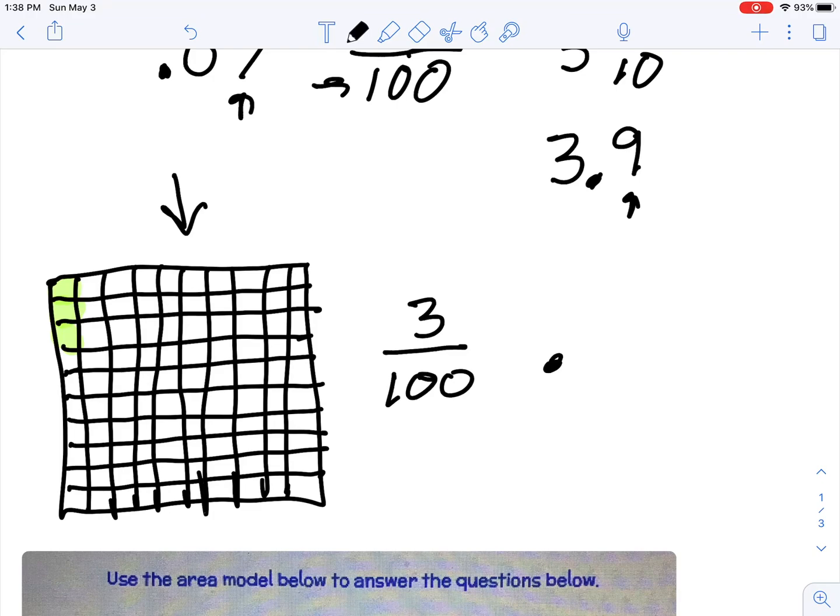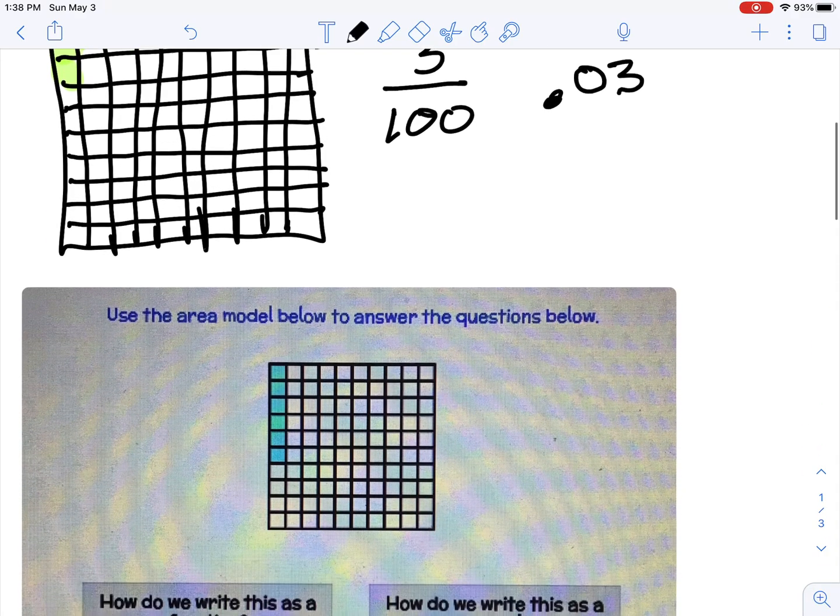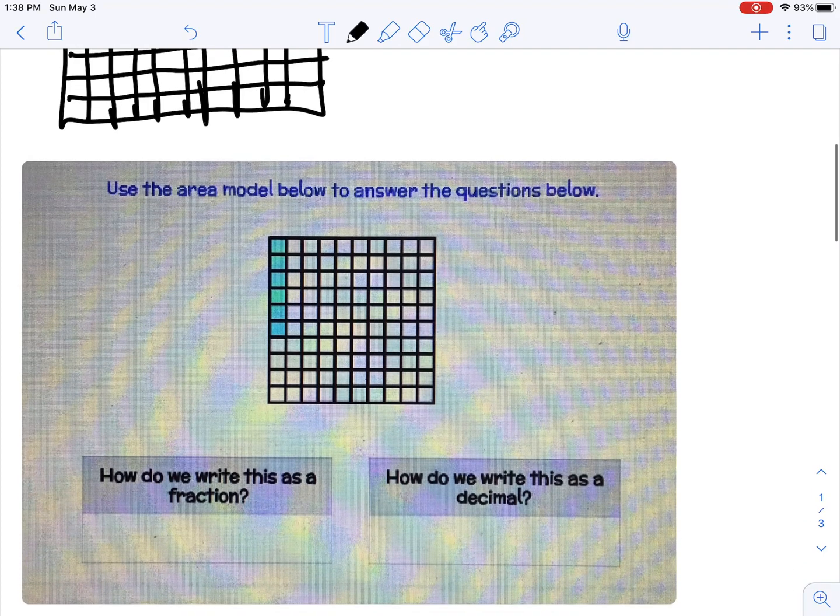Remember, I write the number 3, but I have to make sure my 3 ends in the hundredths place. So I'd have to put a 0 in front of it in the tenths place. That's how I would use this area model to write the number.